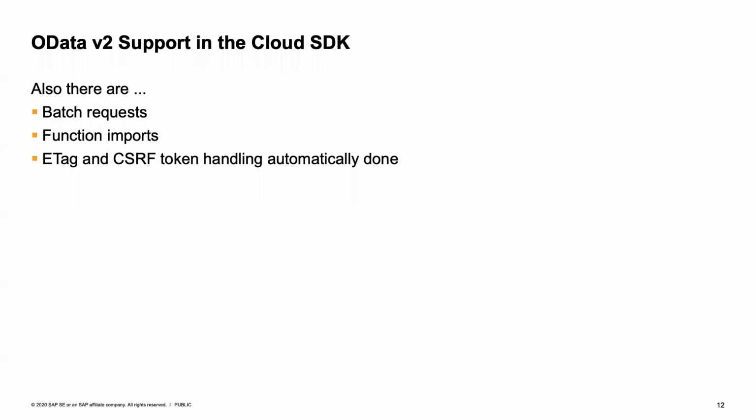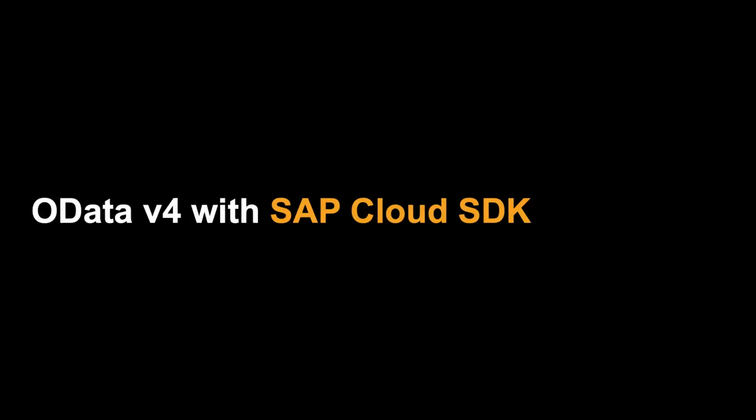That being said, you have, I think, a rough idea of how v2 data services can be used together with the Cloud SDK. And that allows me now to come to the actual topic and show you OData v4.